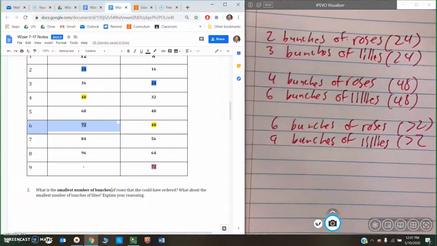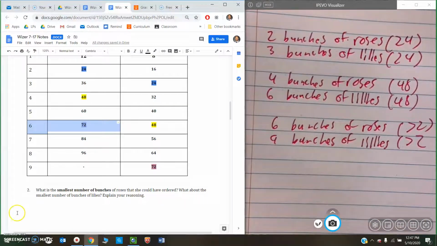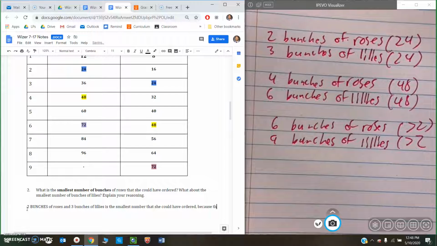Well, the first place where they meet is here at 24. So 2 bunches of roses and 3 bunches of lilies is the smallest number that she could have ordered, because that is the first time the number of flowers was equal in each category. 24 flowers.